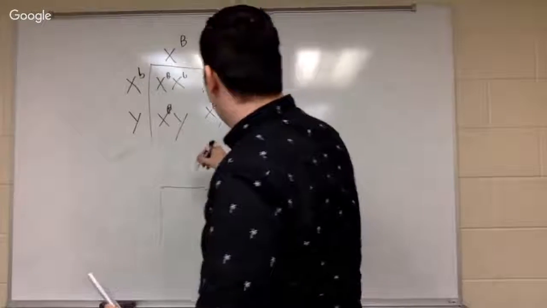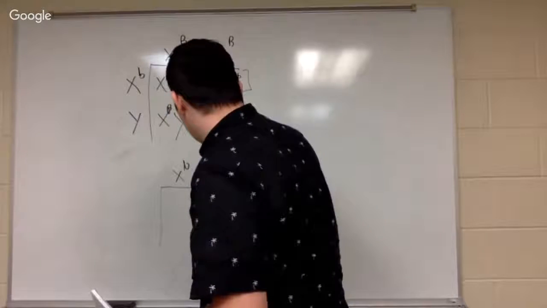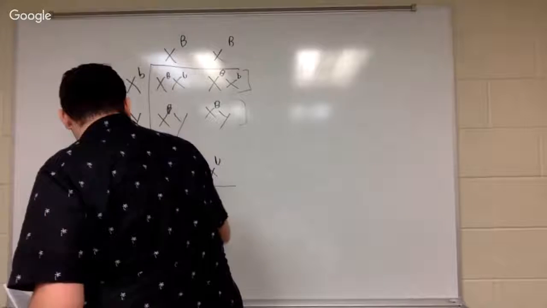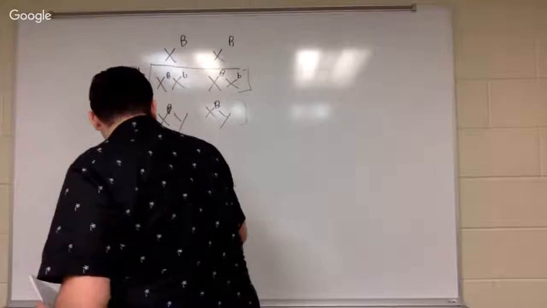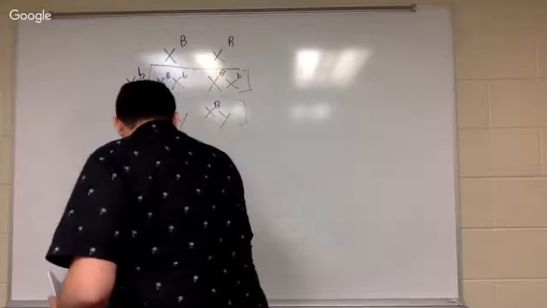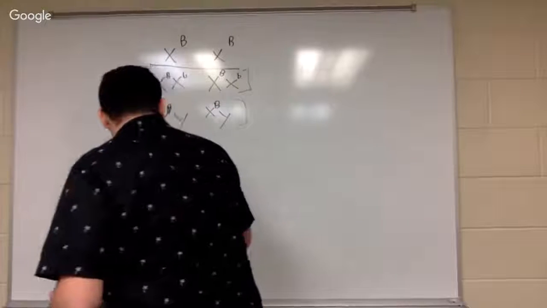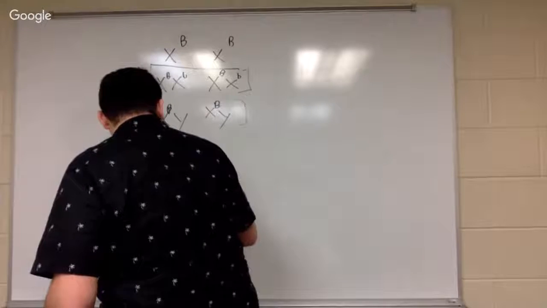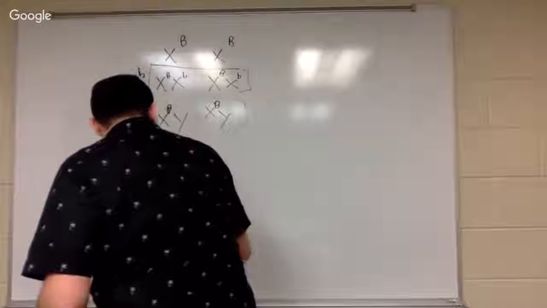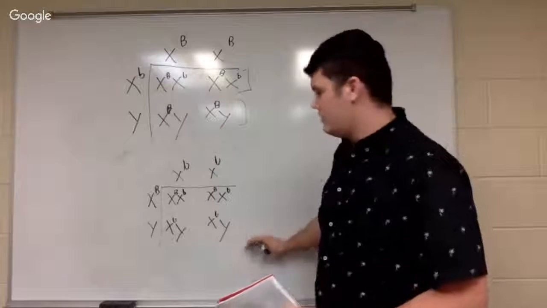Yeah. Which means the mother is going to be homozygous recessive this time, and the father is going to be dominant. So we get, okay, so again, the results are your genotype.